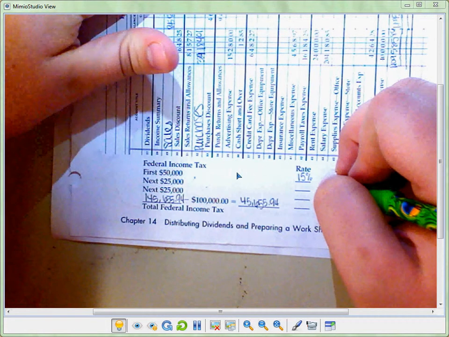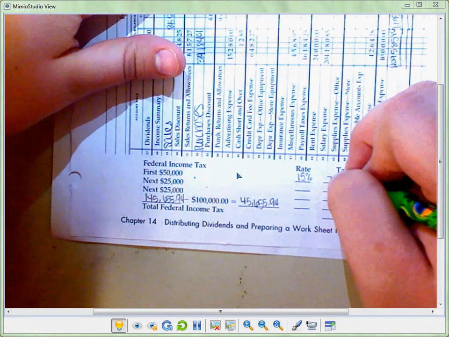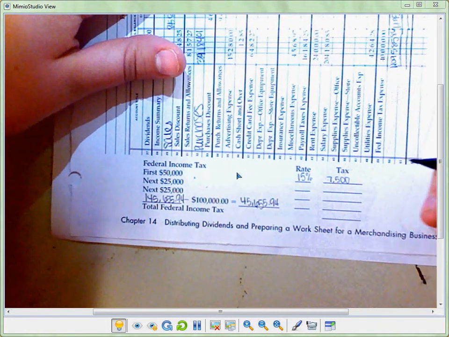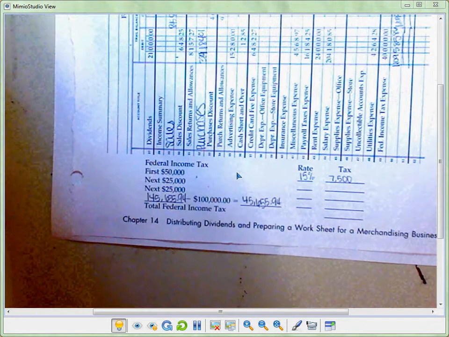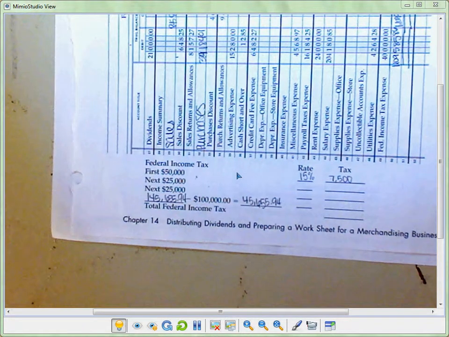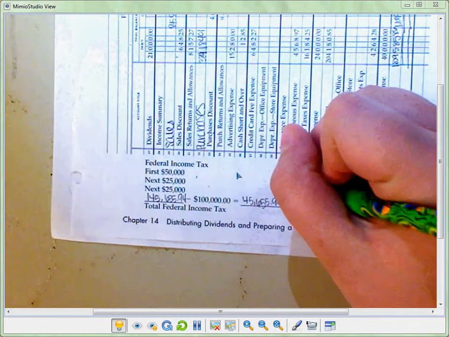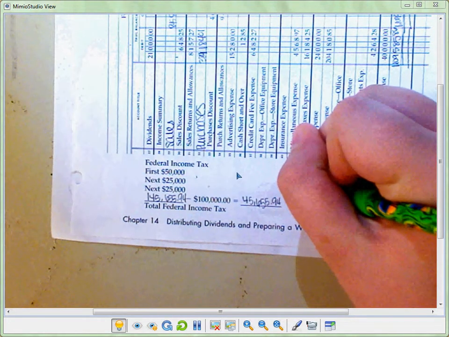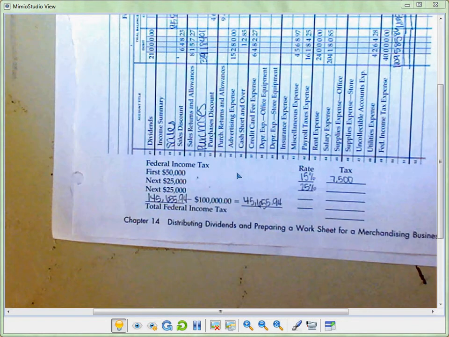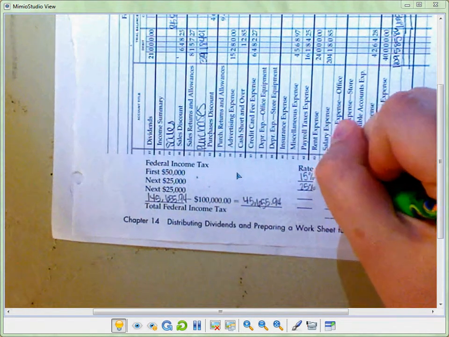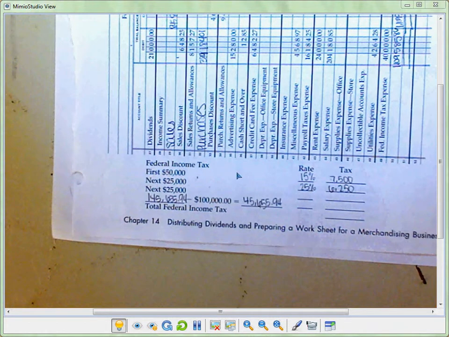It is 7,500. 25,000 then times what's our second rate? 25%. Okay, 6,250. So far we've said that our company's made 75,000.